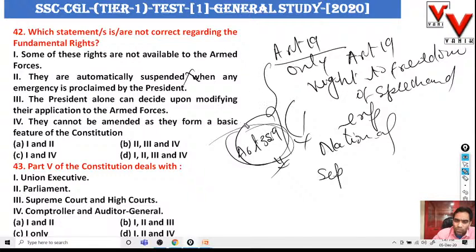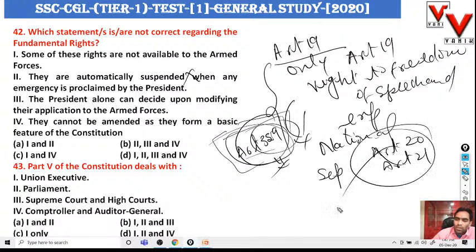Suspension of other rights is possible under Article 359, but there should be a separate declaration. Articles 20 and 21 are never suspended. So the second statement is wrong.